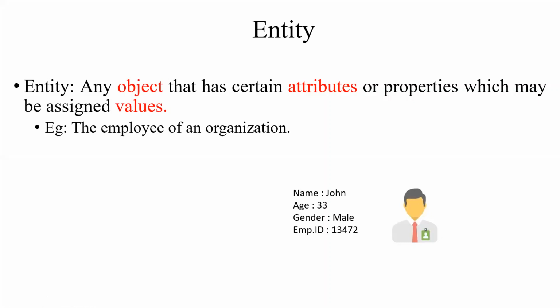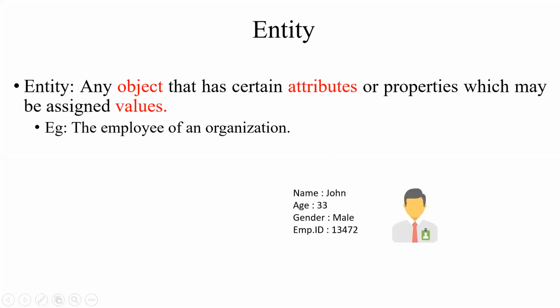If I'm telling there are two Sahanas, how can I differentiate between Sahana of BCA and Sahana of BSc? You will tell her initial or last name is different, and then her age, and how you can describe Sahana of your class and Sahana of the other class. You will find some properties.